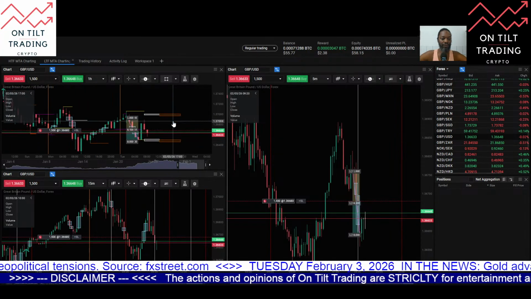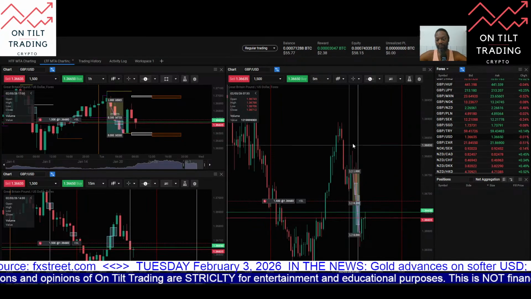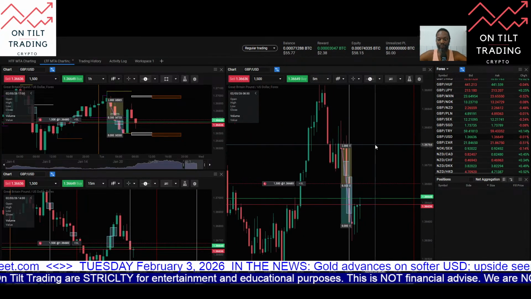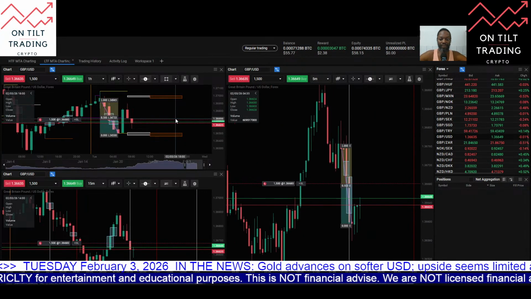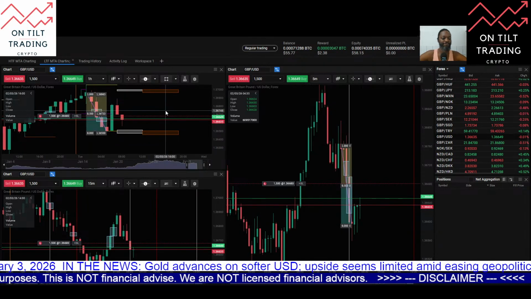You can see price consolidating here as price is slowly but steadily moving to the buy side towards my limit entry.